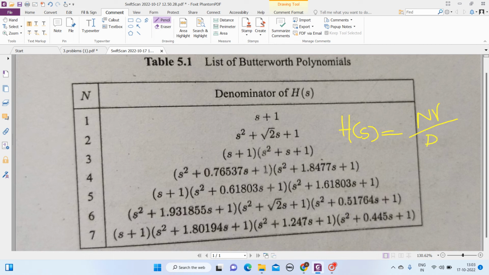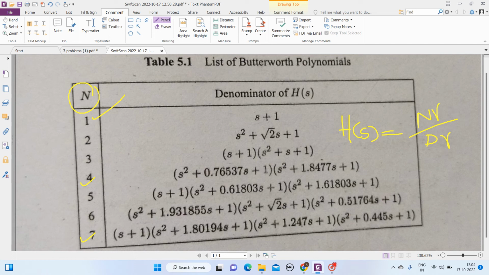So here we are going to use these polynomials based on the order of the filter. Here n is the order of the filter, 1 up to 7 they have given. Usually they will give up to 4. Please memorize these polynomials at least for the order of the filter up to 4.